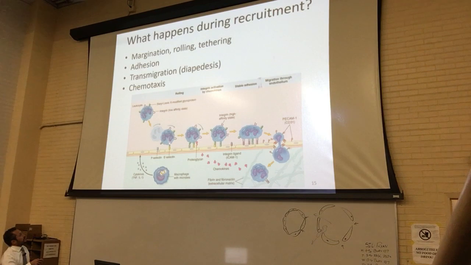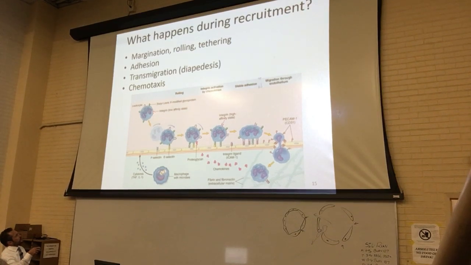When they move to the edge, they see the selectins and they start their tethering and then braking, and you see these arrows? That starts them to roll. As they start to roll, they move into what's called this high affinity state. And this high affinity state is expressing the integrin molecule.